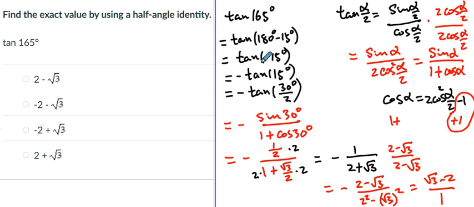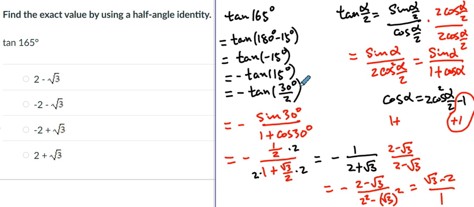And then tangent negative 15 degrees. Tangent is an odd function, so the negative sign goes out. And then inside is tangent 15 degrees, which is half of 30 degrees. So we basically need to apply the half angle formula on this.